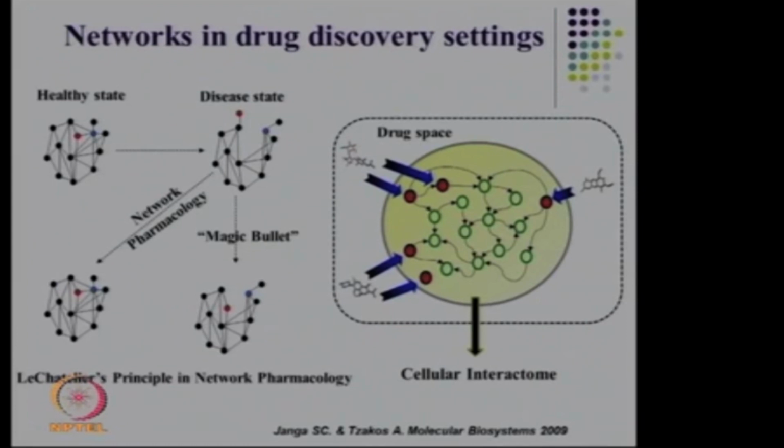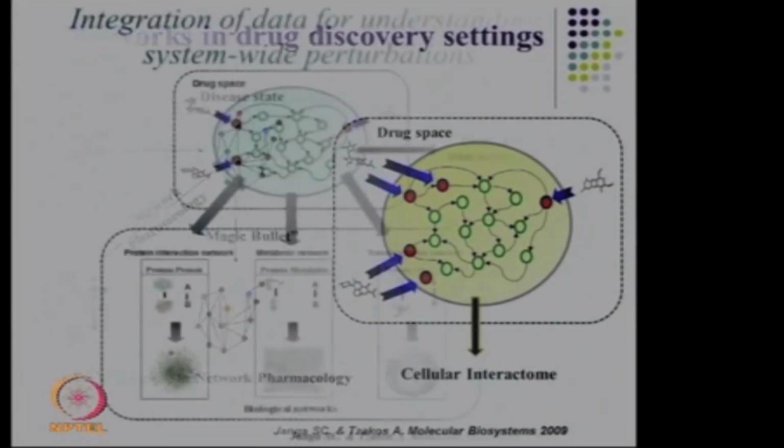Perturbation of one cannot be seen in isolation, it has to be seen in the context of other perturbations. Now, a combination of these perturbations is going to yield a phenotype which we hope can be treating the complex disease. That is the concept behind this idea of network pharmacology.